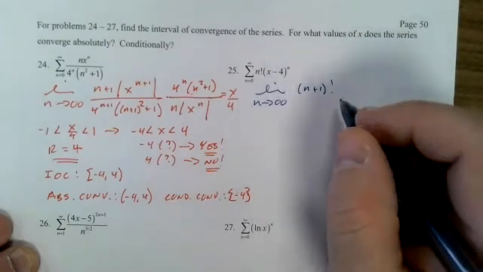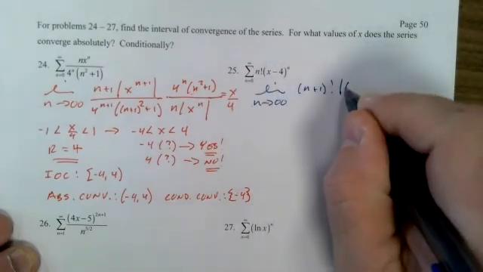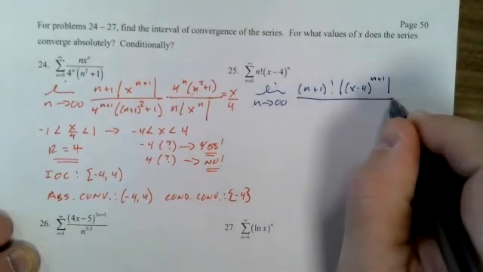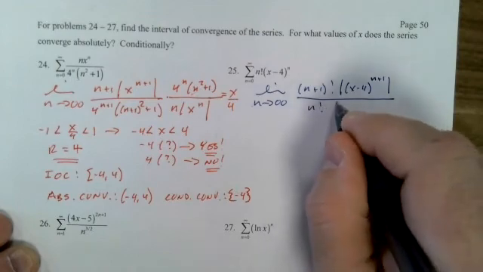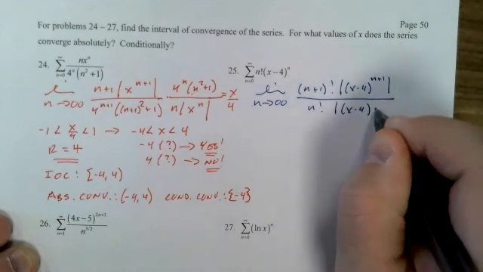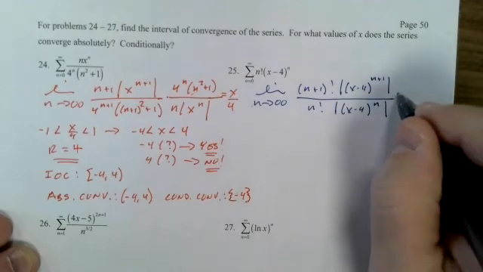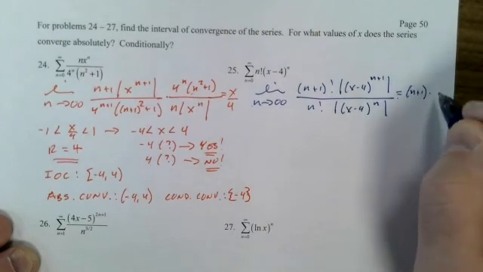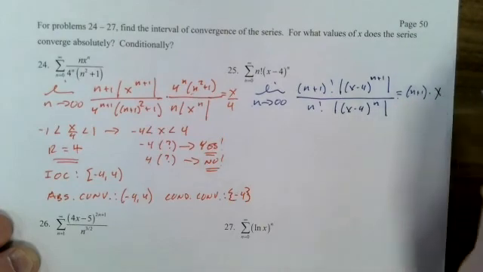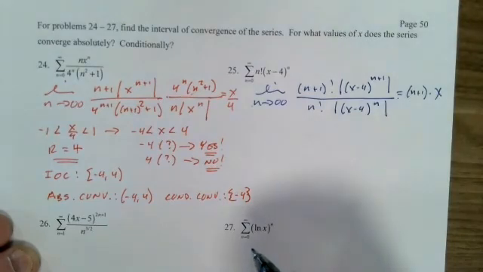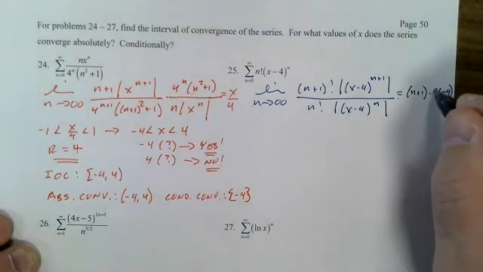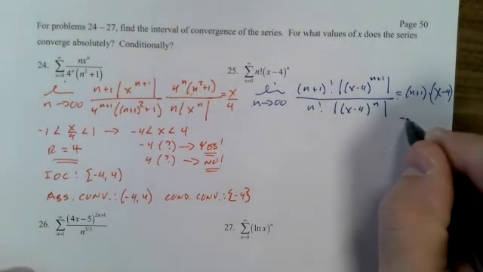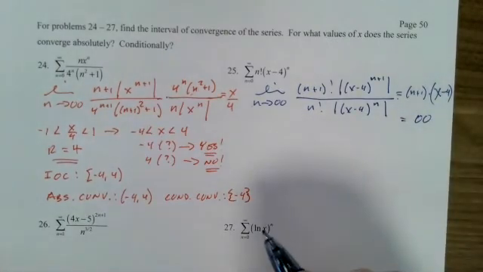This is going to diverge everywhere, I think, because that n factorial is going to cause problems. x minus 4 to the n plus 1, n factorial, x minus 4 to the n, which is going to equal n plus 1 times x minus 4. Getting tight on space there. So the limit equals infinity. This only works when x equals 0.